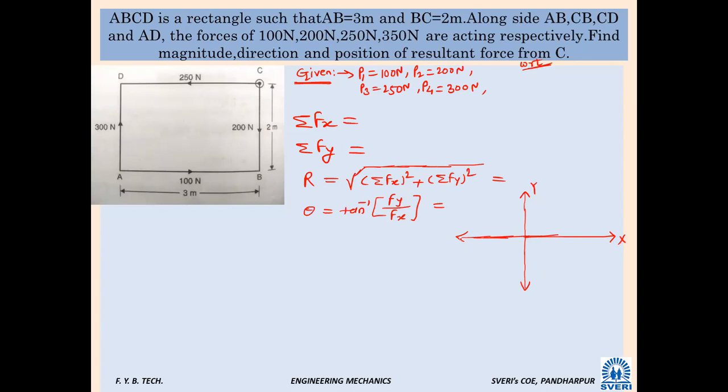The resultant 180.27. What is the value? Someone want to tell? Resultant 180.27 Newton. Okay. Theta. Also calculate X bar, Y bar. Theta minus 33.42.